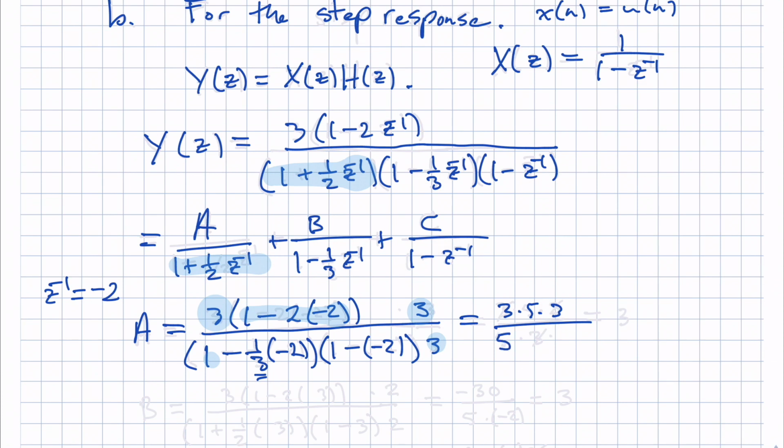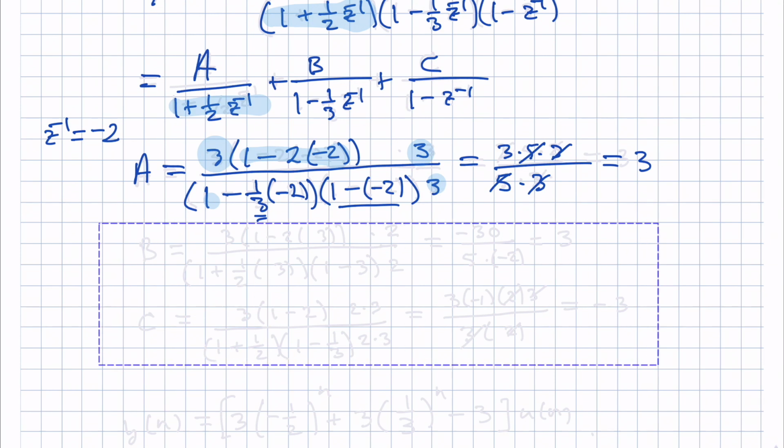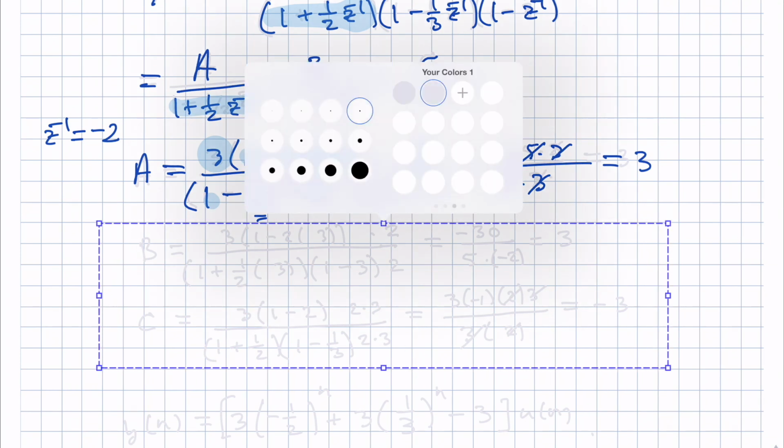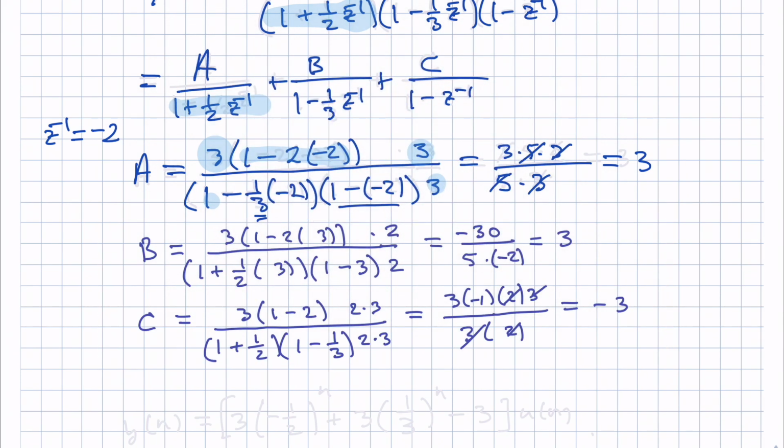So we get a 5 on the bottom, and then the remaining term is 1 minus a -2, which is 3. And so when I cancel terms, I end up with just 3. I do the same thing for the b and the c terms, so let me just show those here. It's just a coincidence that everything ends up 3's on this problem.